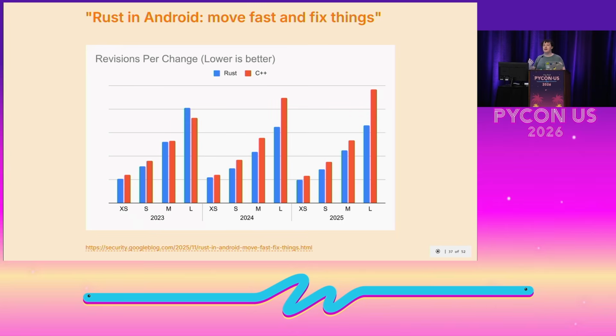And part of that, I think, comes to compile time checks and being able to be more confident in the code. And so you can see here, especially for very large changes, there is a significantly lower revision rate for Rust changes.